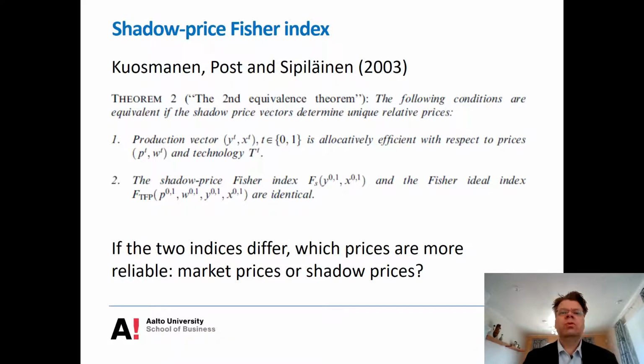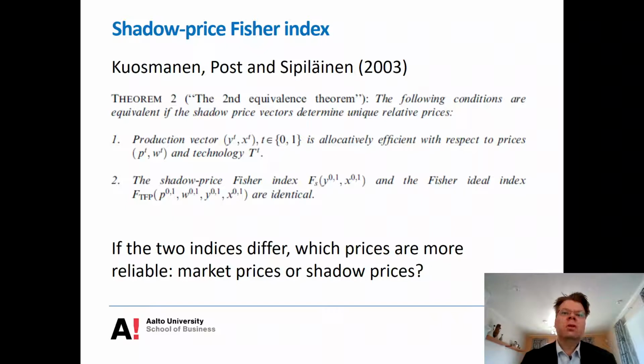So I want you to pause for a moment to think about this. Would you rely more on the observed prices or this kind of distance function based shadow prices? So this is perhaps to some extent a matter of opinion.